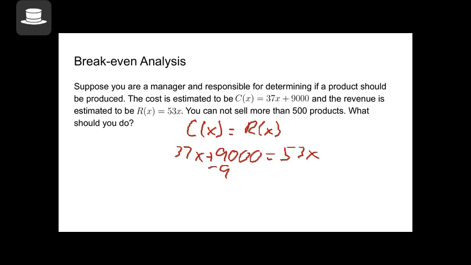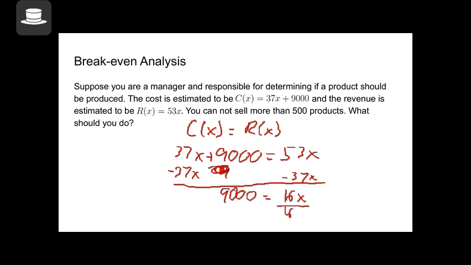I'm going to subtract 37x from both sides, so I get that 9,000 is equal to 16x. Dividing both sides by 16, I get that x is equal to 562.5.